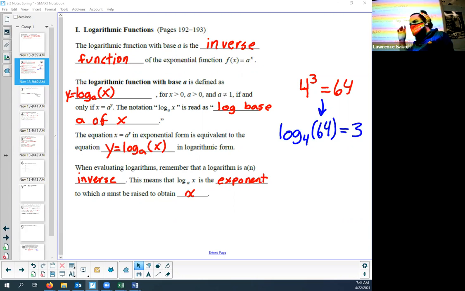Whenever you have that base, we like to say log base whatever our number is, so it makes it very obvious what the base of our logarithm is. An exponential equation x equals a to the y can be rewritten as y, the power, is equal to log base a of x, where a is the base of my exponential and x is my answer.